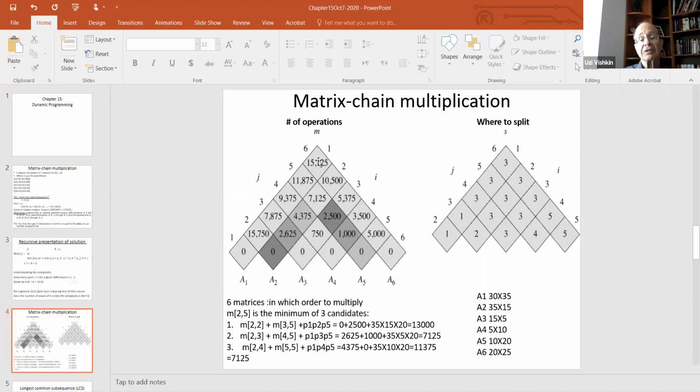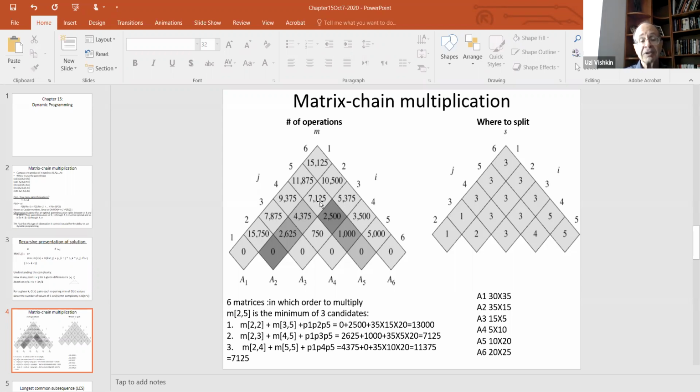This is captured here. This is the smallest number of operations, as implied by the dynamic programming solution that I'm going to present. Okay, so is it clear to everybody what every rubric here stands for?